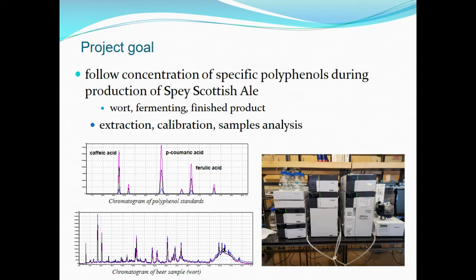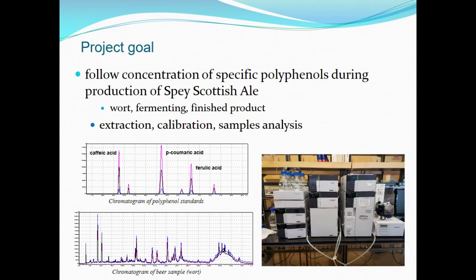But anyway, you can see these are like the standard that they inject, and this is the time that they elute. There is a column inside the HPLC that separates the different compounds, so they come out at different times, much like I showed you the little picture of the bands in the paper. It's the same idea.